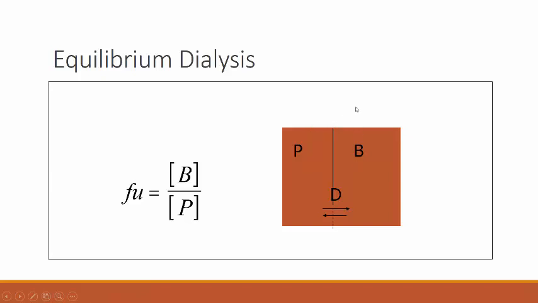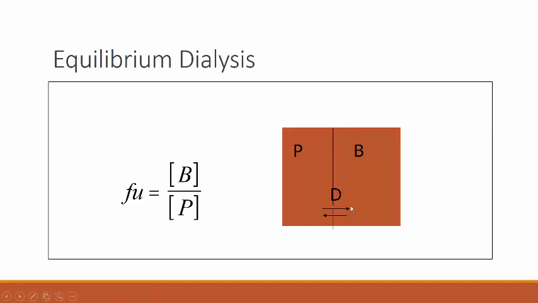And on the buffer side, this would just be a buffer so that there'd be an equilibrium here, and we spike drug in this, and then we put it in a water bath and let it shake for usually a couple of days and come to equilibrium, and there's a membrane in between here. So only free drug can pass between these. And so only free drug will make it over to this buffer side.